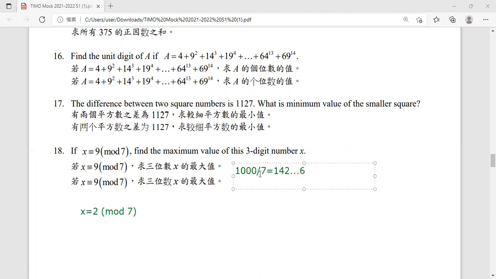Okay, so the answer for this question will be 142 times 7 plus 2, which I think is 996, is it? Okay, it's 996. Yes, 996. Just that. Nothing special. It's just for some introduction of mods. Actually, I've introduced to you the mods in Python 16.